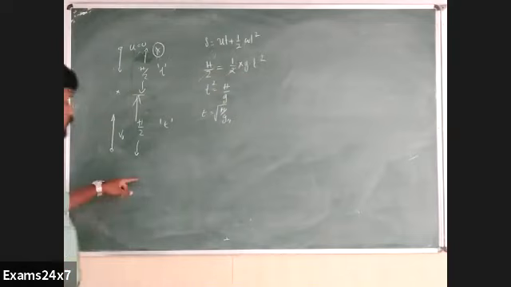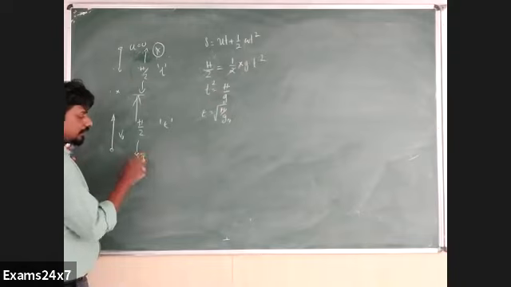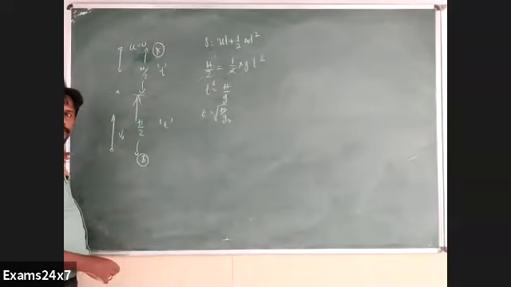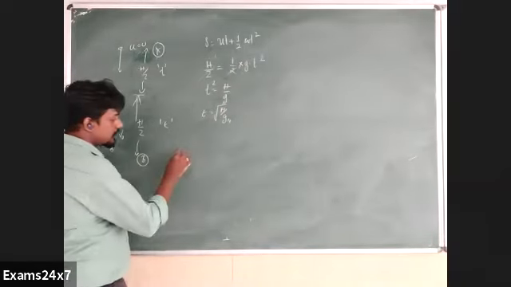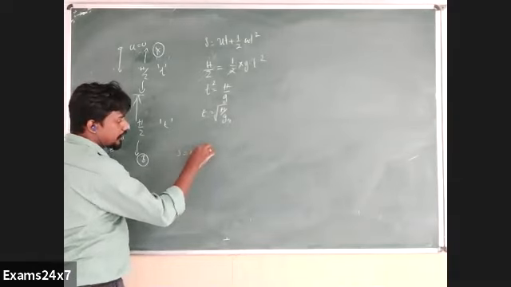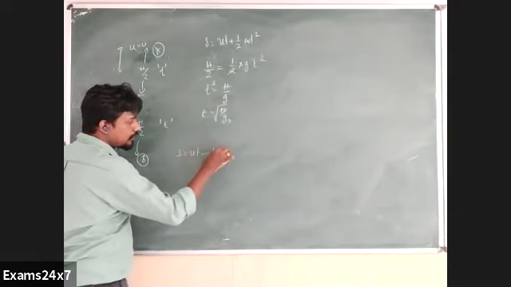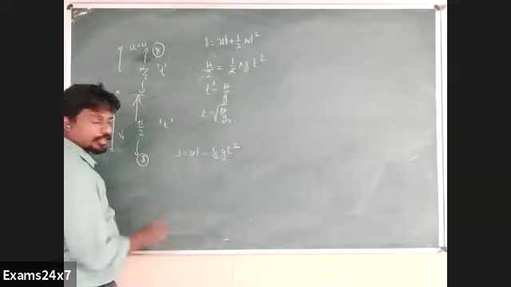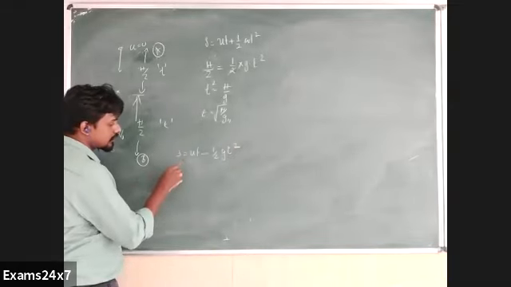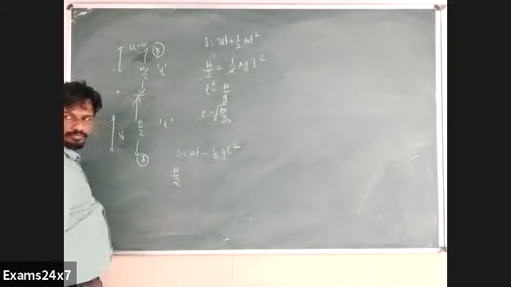Now consider the object B which is thrown up. What's the equation? S is equal to ut minus half g t square. Displacement is h by 2.